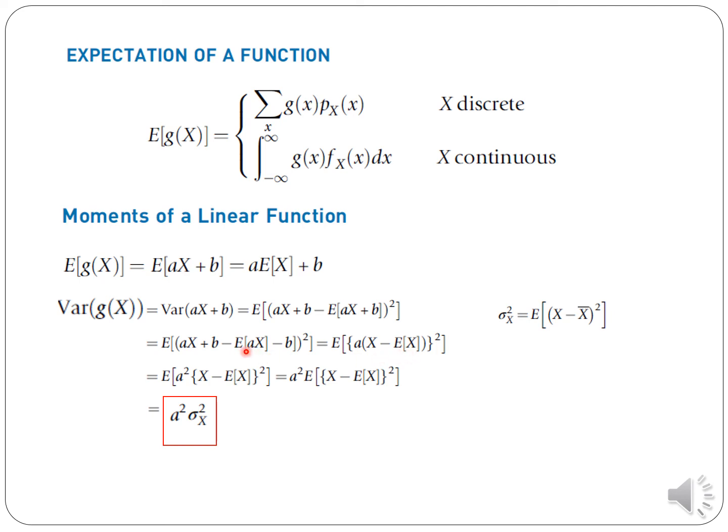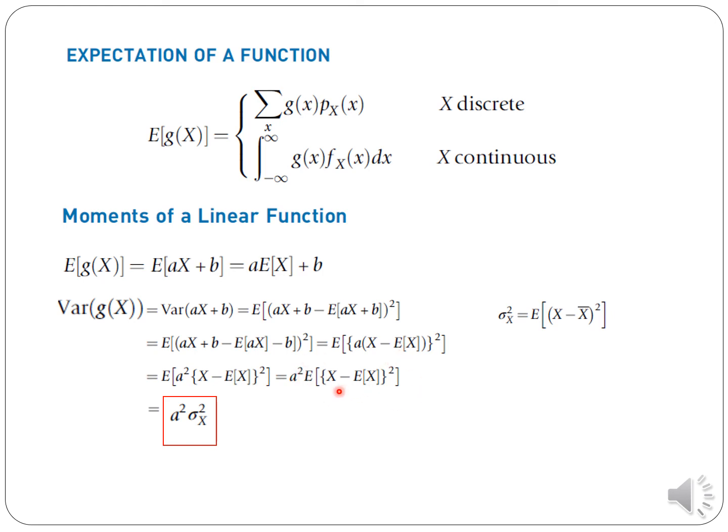What we will find is a into expected value of x, and we can take a common, and we will get something like this. And we can take this a out of the expectation operator. At first we can take common a square, and then we are taking a square out of this expectation.